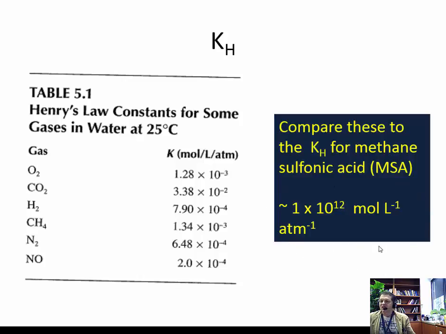It has a Henry's law constant of 1 times 10 to the plus 12 moles per litre per atmosphere. So if you are producing pollutants and you know their Henry's law constants, it will help you to know quite easily whether they're likely to come down in rainfall or not. Anyway, we'll talk more about this sort of stuff in a minute.